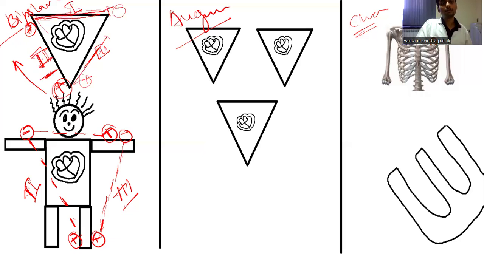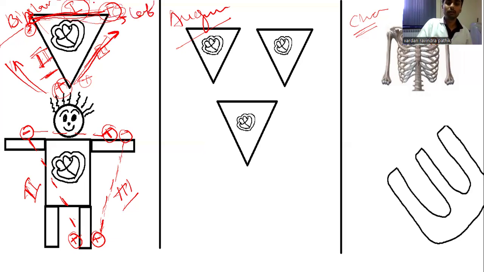This is your superior view, right? Now you are seeing from left to right here, inferior to upside here, and also inferior to upside here. Now, the first lead will give you the view of left lateral, right?